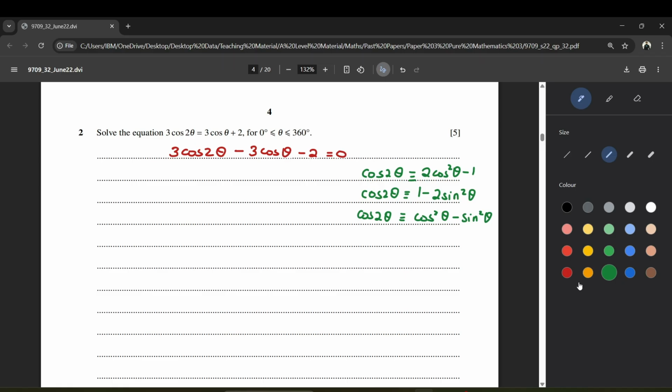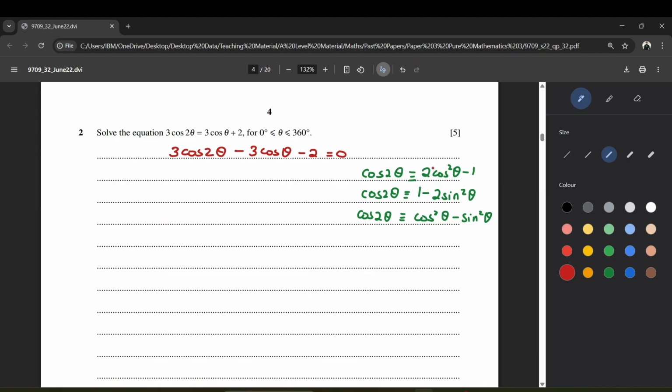Now how am I supposed to know which form I am supposed to use here? Just imagine that if you were to plug in any one of these, would your equation become simpler or more complex? Okay, so let's think about it.